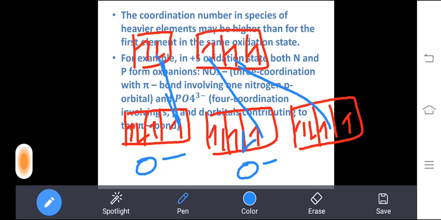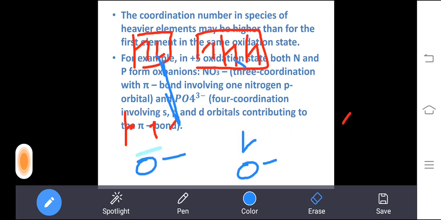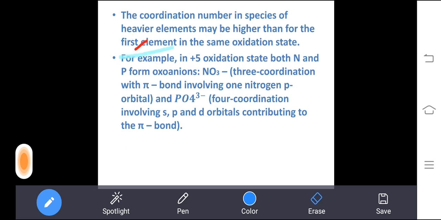But the electron which is not involved in the bonding leads to the formation of a pi bond, a double bond. So this we can call 3 coordination. So for nitrogen, this is the 3 coordination with the pi bond. The last electron which is not involved in the bonding will have sideways overlap, leading to the formation of the pi bond. So the structure will be like this.